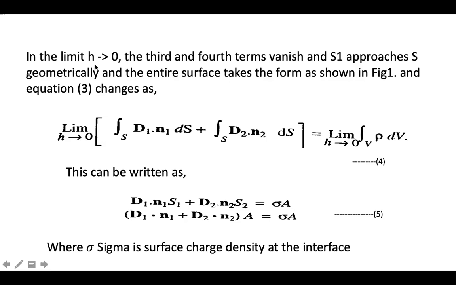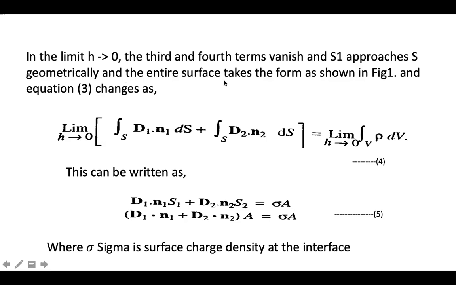So in the limit where h approaches 0, the third and fourth terms vanish. Why? Because they are the sides of the wall, and when you shrink the box like this, there is no side. So the third and fourth terms in equation 3 just vanish, and S1 approaches S geometrically.